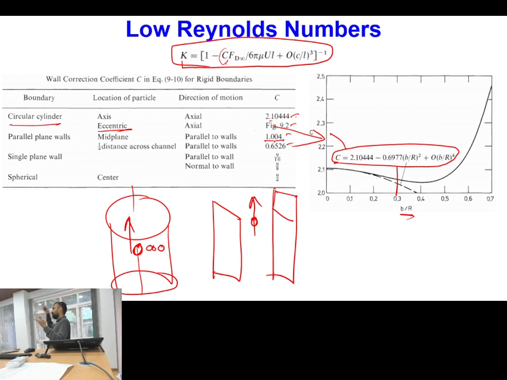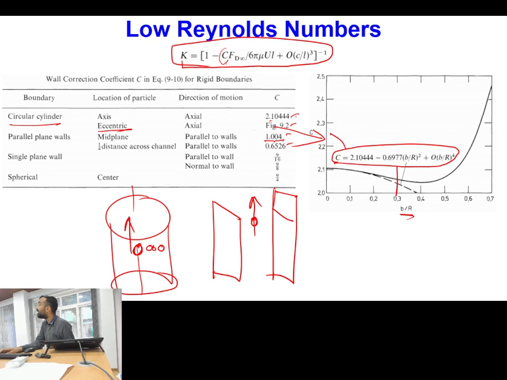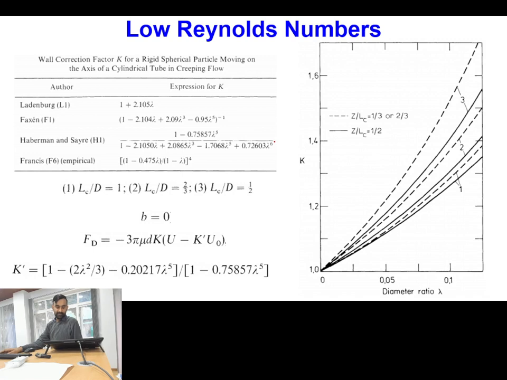So it means the situation is simple: if you know the drag force and terminal velocity in unbounded medium, just calculate the value of K and multiply it with these relations, and you will be able to determine the values in the bounded medium. Okay, so that is the simple relation.